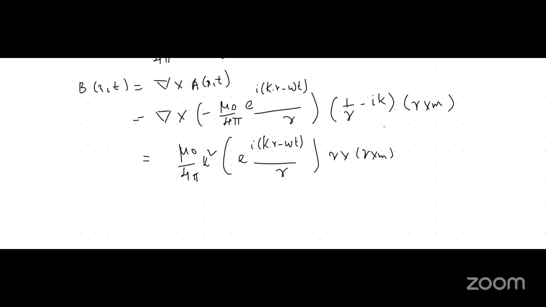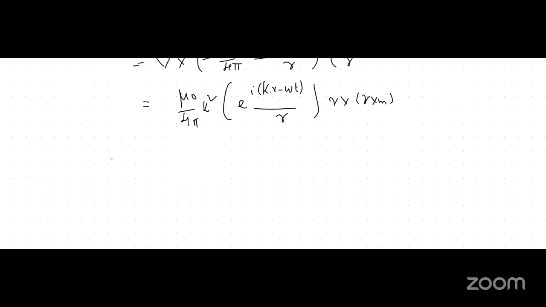For that we take del cross E, which from the equation is equal to minus dou B by dou t. This equation we can write as i omega del cross A.